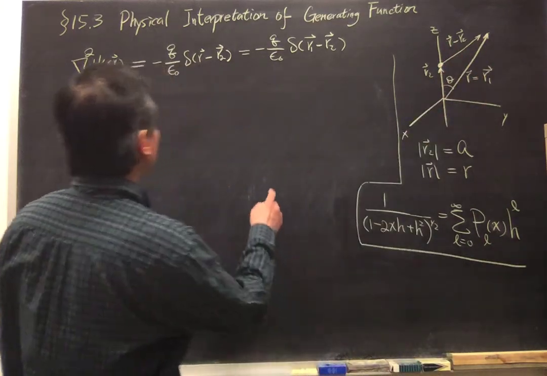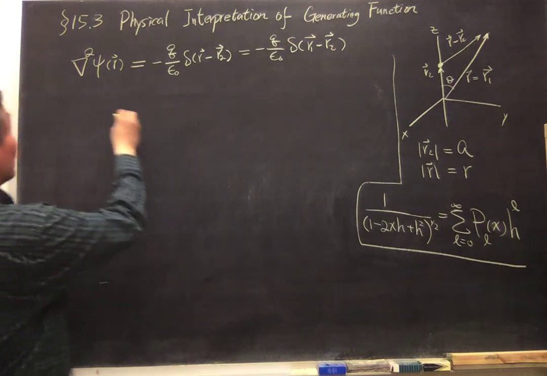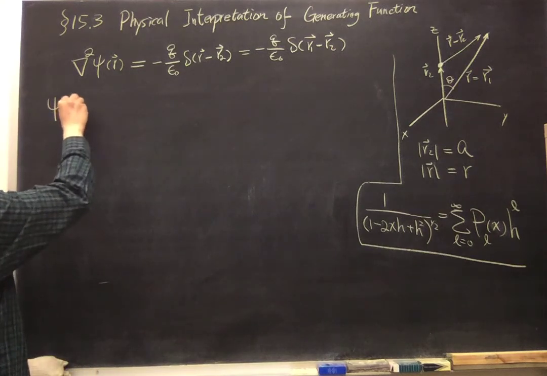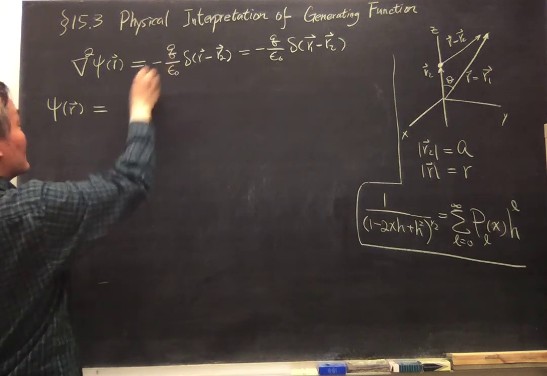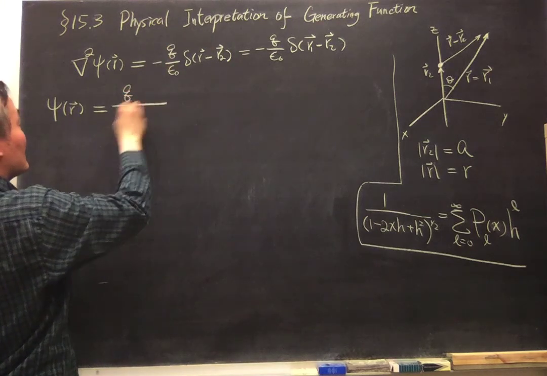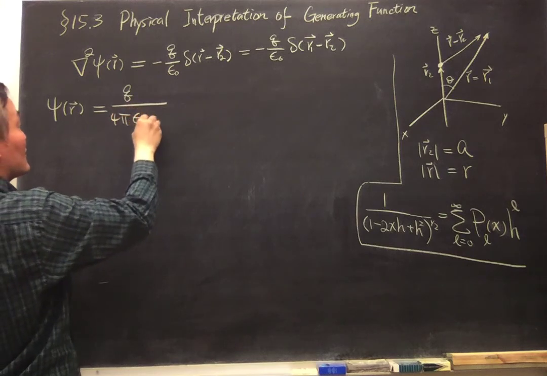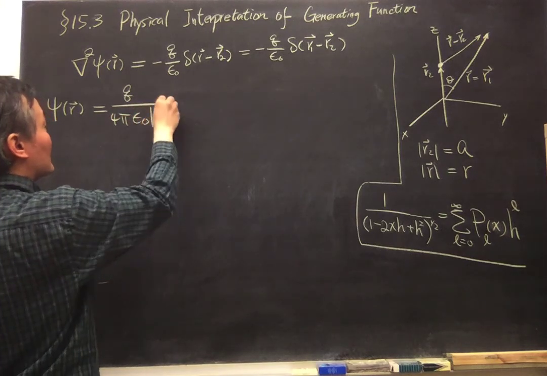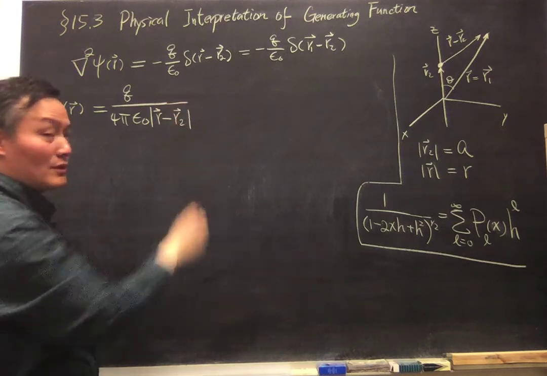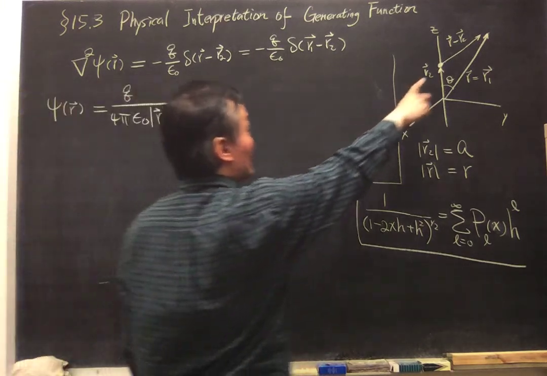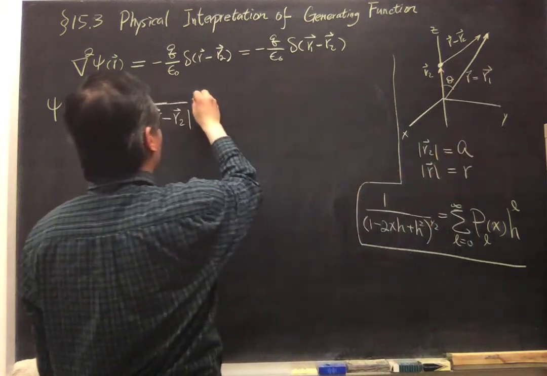So we can write right away: psi of R is given by just the constant in front, Q divided by 4 pi epsilon 0, and the distance R minus R2.